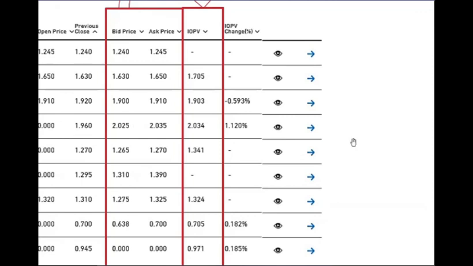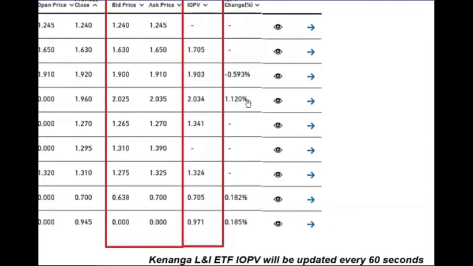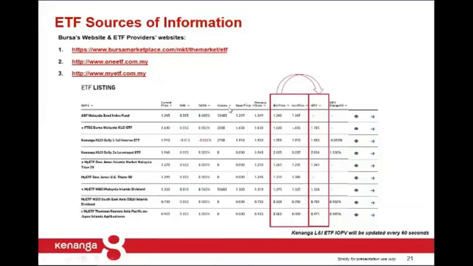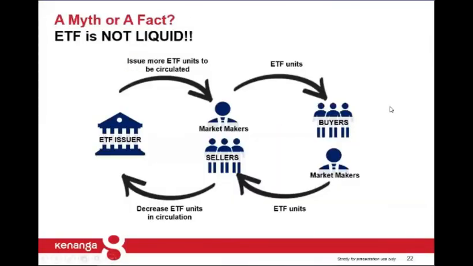So, liquidity has been a very big talking point when it comes to ETFs, right? A lot of people have this preconception that ETFs are not liquid, that if I bought ETFs, I'm going to get stuck with them, I cannot sell them, or if I wanted to sell them, I may not get the price that I want. But by design, the ETF industry is actually designed to be liquid. And how this is done is an ETF issuer works with market makers, or what we call liquidity providers.